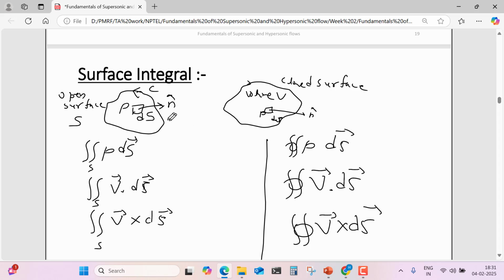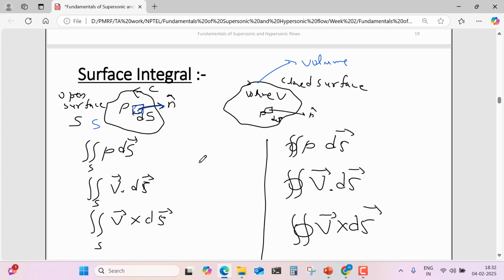Now if we have one open surface, or we have one closed surface which will make a volume, and this open surface is given by S. There is one small surface ds on top of it with normal n cap, and let's say there is a scalar quantity rho on it and a vector quantity v.